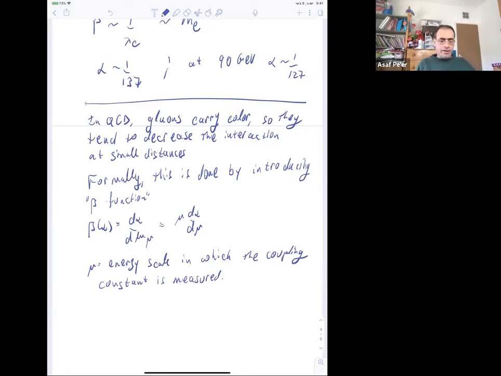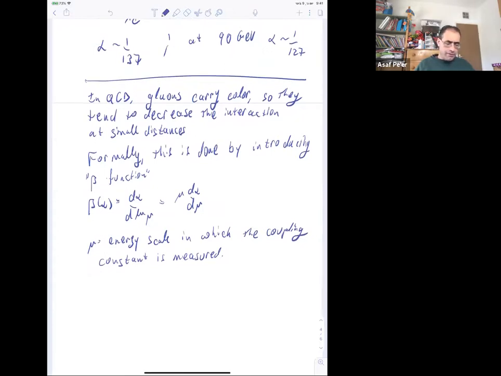Right. If the beta vanishes, so there is no dependence of alpha on the energy, then we call it a scale invariant theory, right? If beta is equal to 0, then we call it scale invariant.